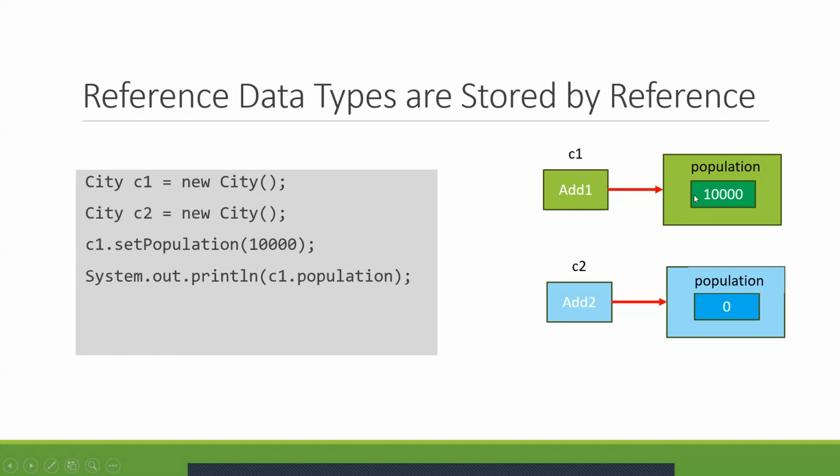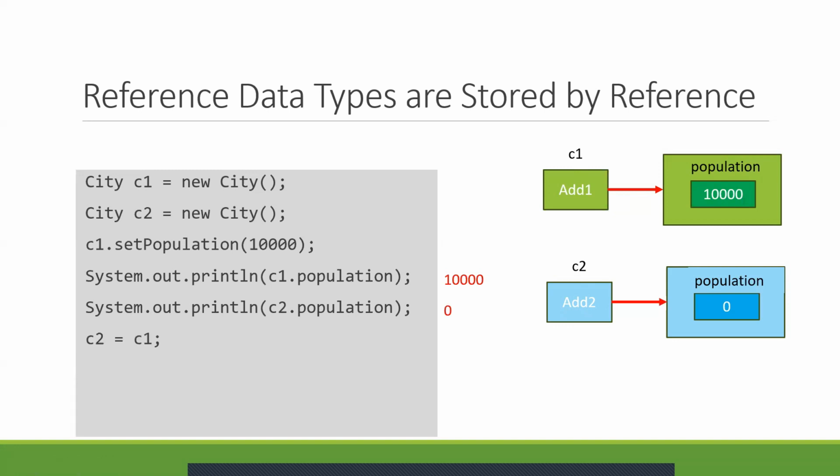Object C1's address is here, go to that location, read the population value, which is 10,000. At this point, if we print C2.population, the same thing happens. We go to C2, which gives another address, go to that memory location, and read the value of population, which is currently 0.